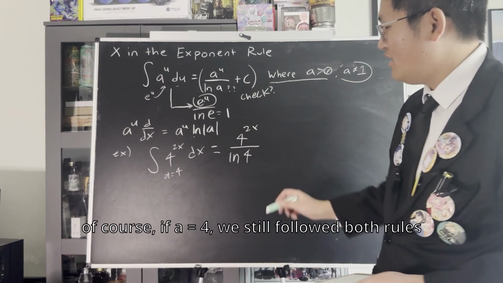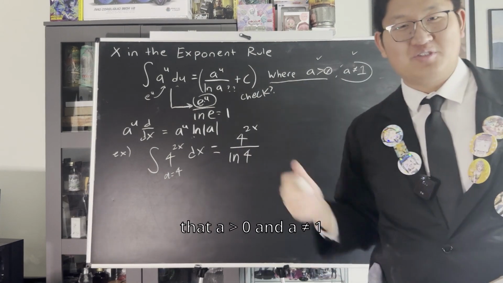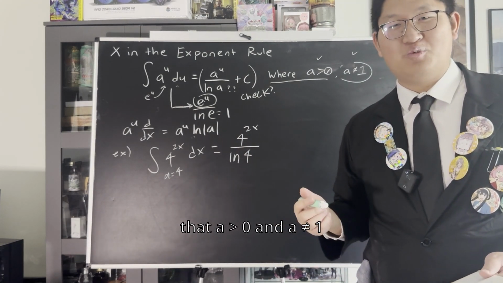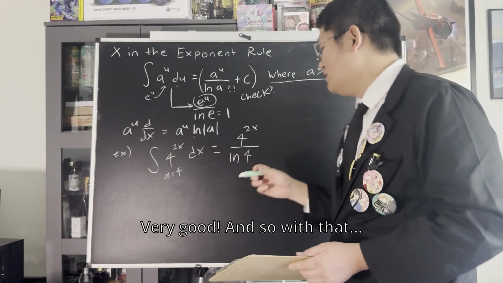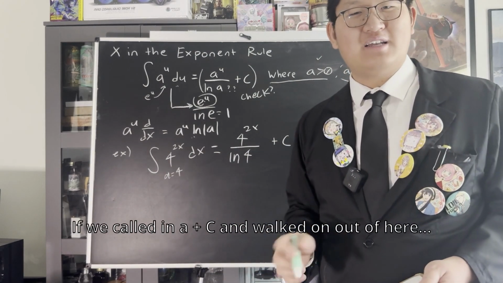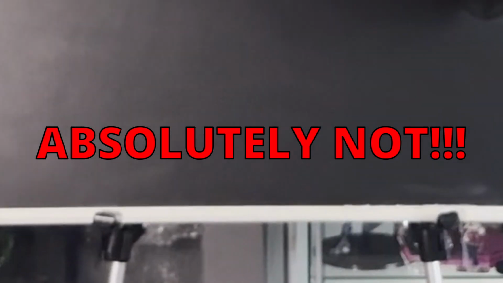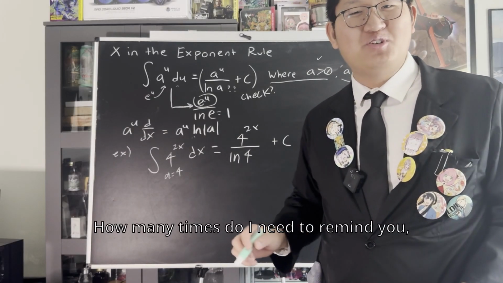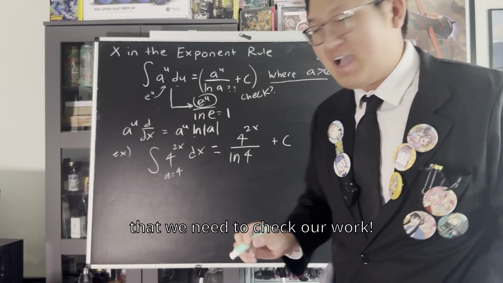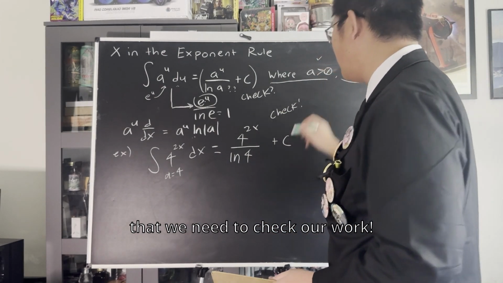Of course, if a is equal to 4, we still followed both rules, that a was greater than 0 and a was not equal to 1. Very good. And so with that, if we called it a plus c and walked on out of here, we would be home free and enjoy the week. Absolutely not. How many times do I need to remind you that we need to check our work?